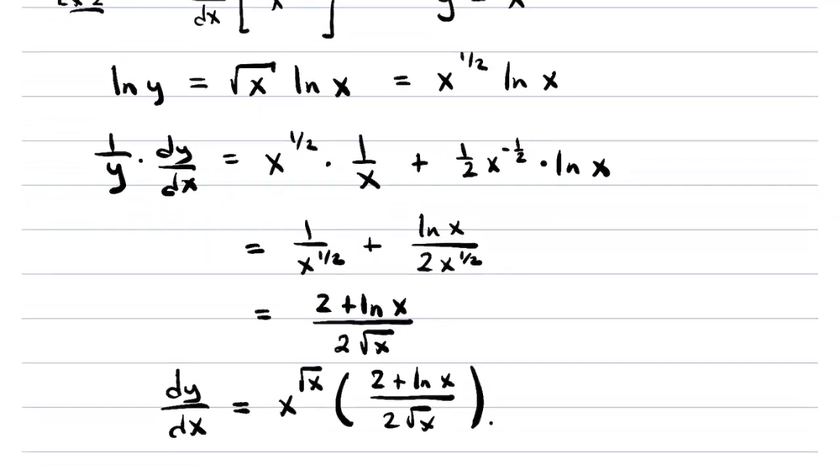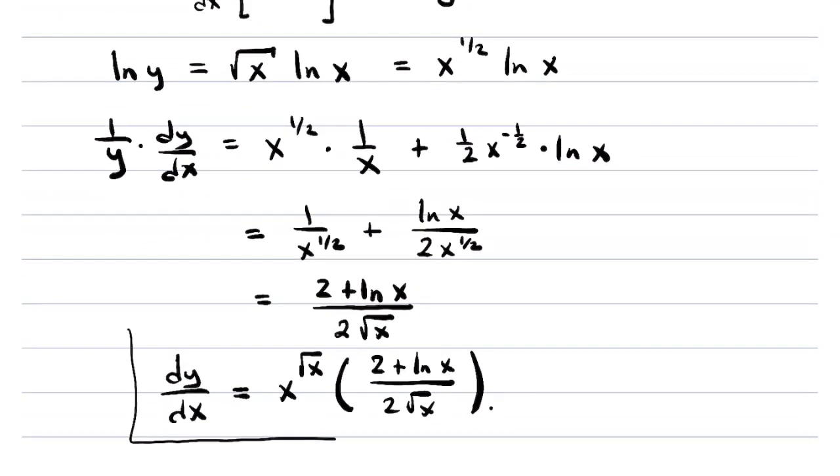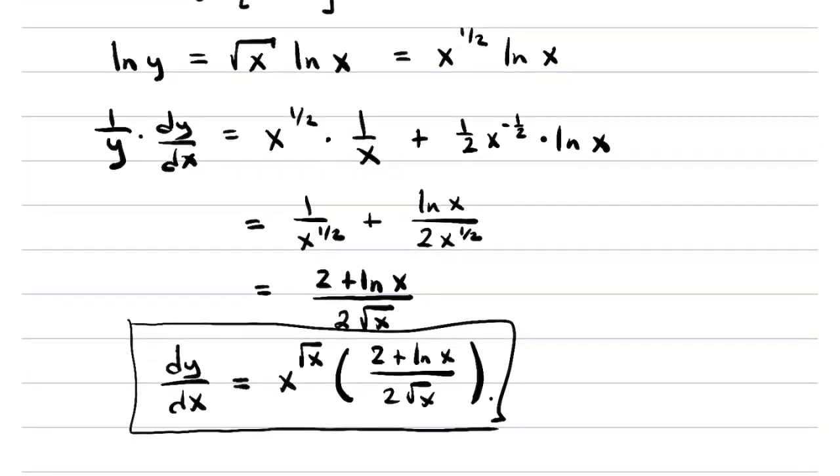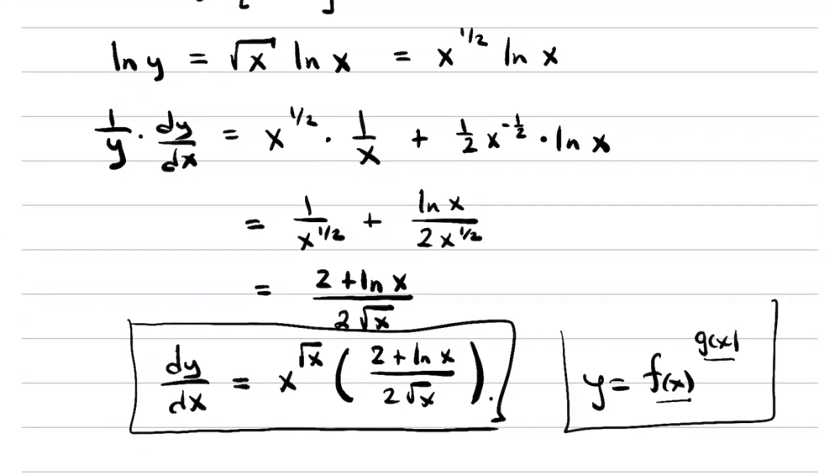So there is the derivative of the pretty intimidating looking function x to the square root of x. The whole point of this is when you have something of the form f of x to the g of x, so both the base and the exponent are variable, then you use logarithmic differentiation to compute y prime.